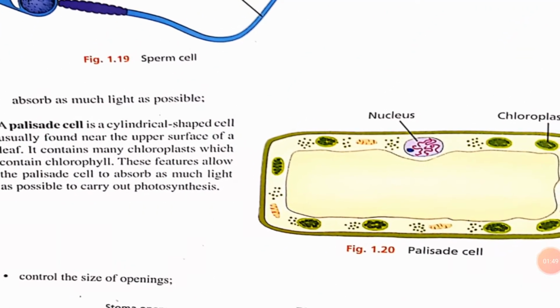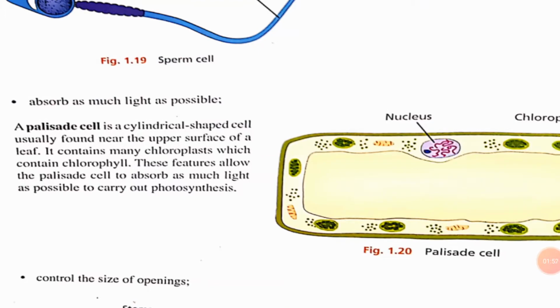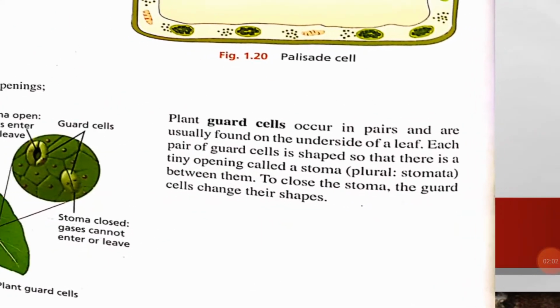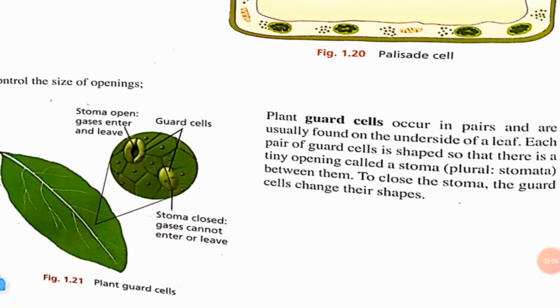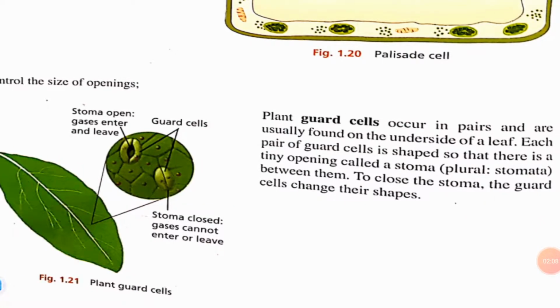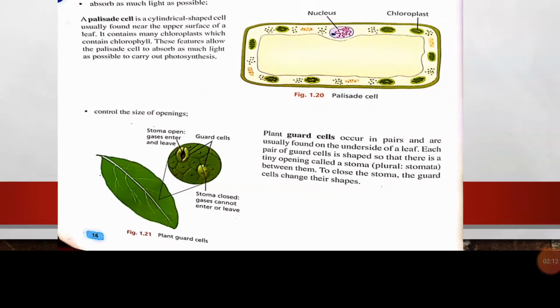The next cell is the palisade cell. Palisade cells are present in plants, in the leaf of the plant. The next cell is the guard cell. They are also present in the plant body and inside the leaf.